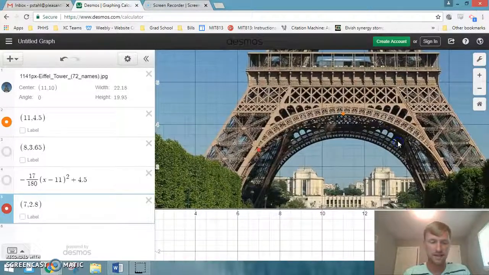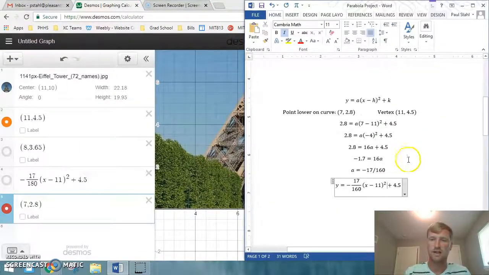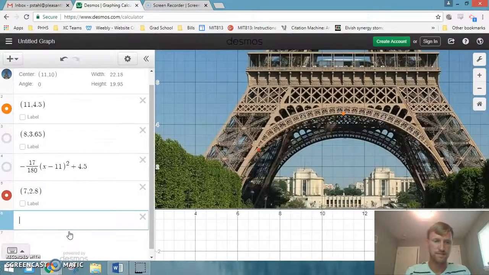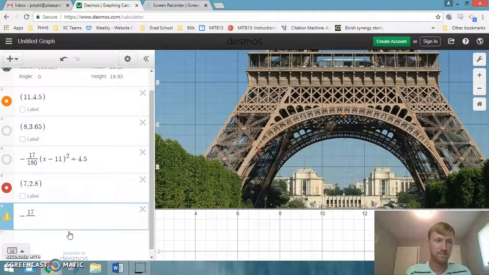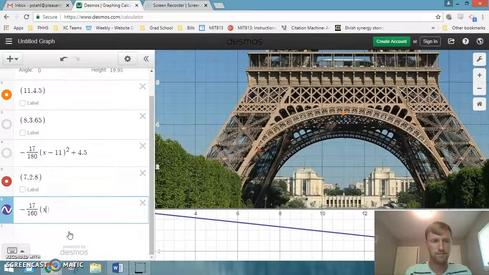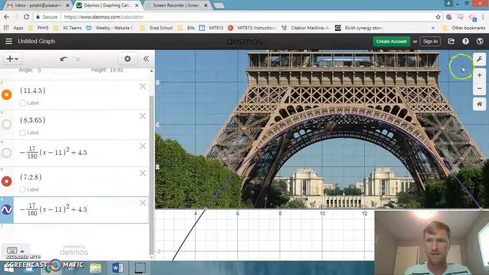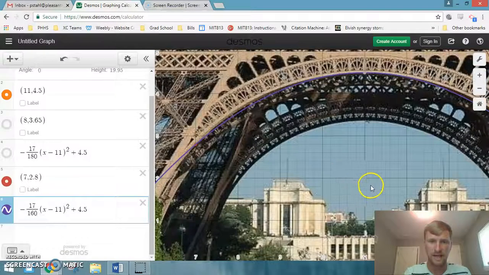Using the same technique as before, I derived the equation for the second parabola. And that was able to go through the vertex and that point.